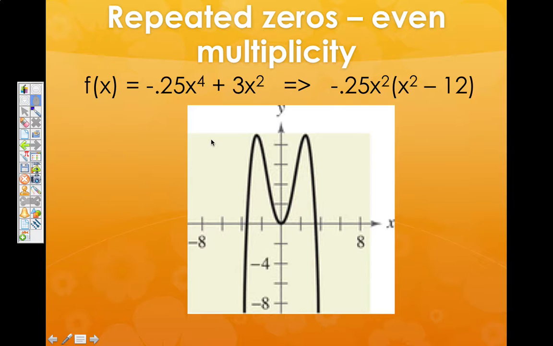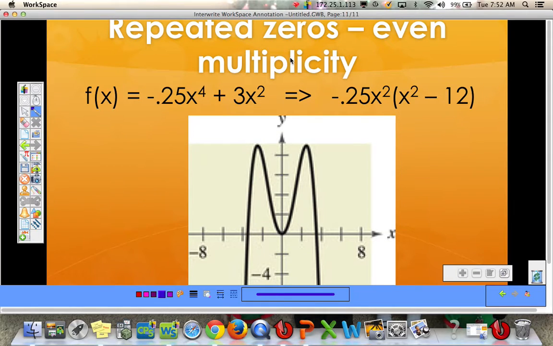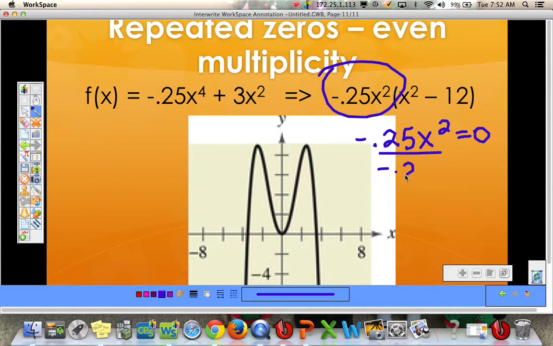There's something called repeated zeros with an even multiplicity. What that means is if you were to factor the function, so we factor this and find the zeros. Again, this has 4 zeros, but one of them bounces off the zeros, and it bounces off if one of the zeros is repeated. So for example, this right here, if we solve this with the zero product property, we set that equal to 0 and solve, divide by negative 0.25.